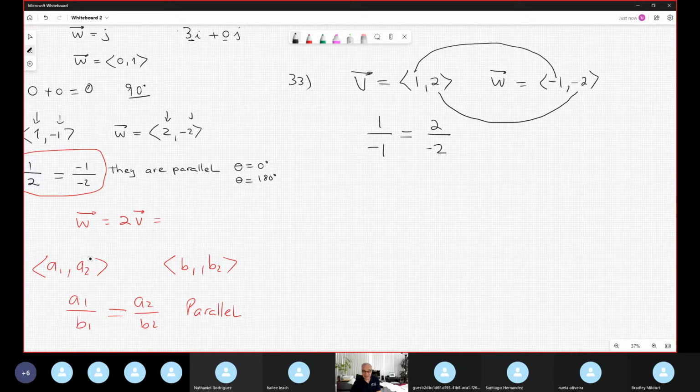To see graphically, not necessary to do this, but look, the first vector is 1, 2. This is my first vector, B. And W is -1, -2. Do you see that these vectors are parallel?